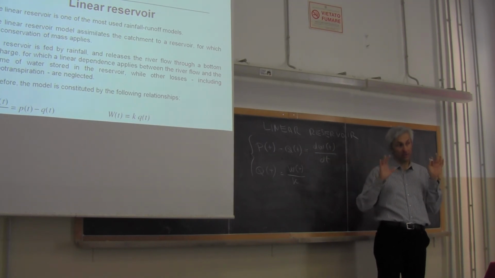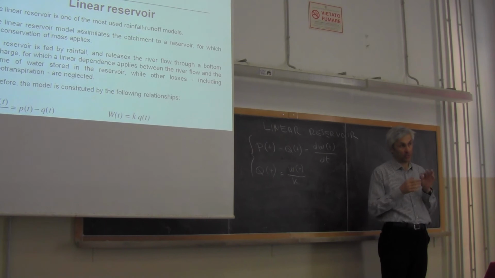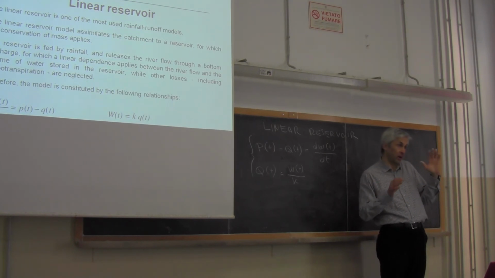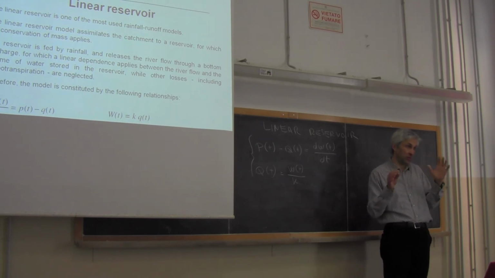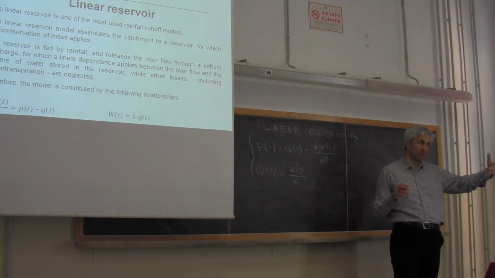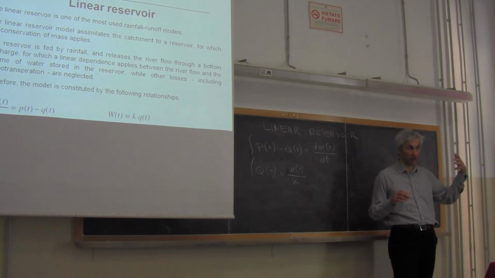You are eliminating a variable. Of course, if you had two unknowns, you needed two equations. If you find a strategy that allows you to eliminate one equation while still describing the problem, it means that you have reduced the number of unknowns.